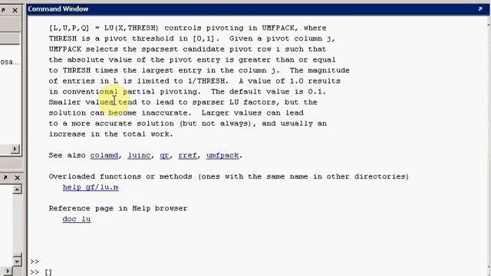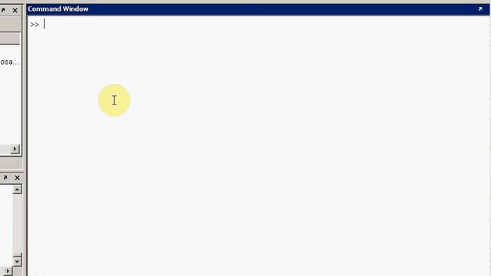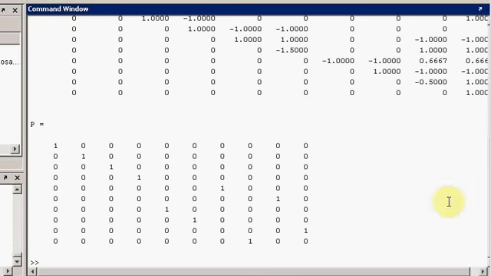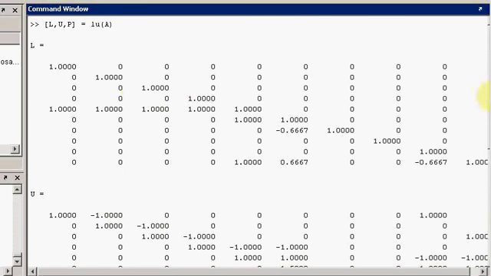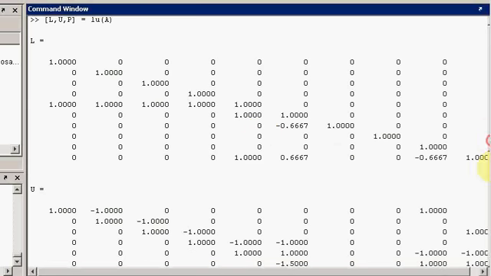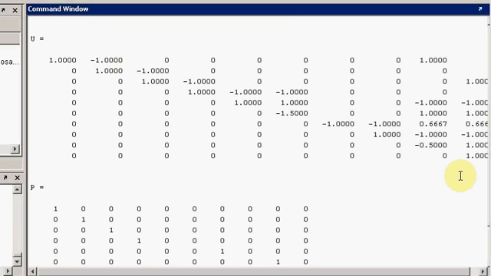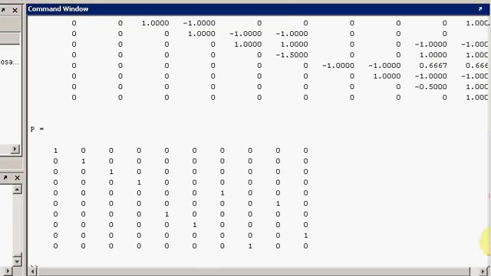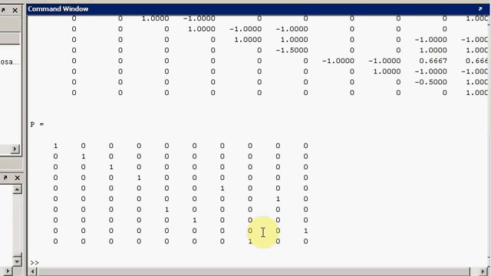So let's write it here. L, comma U, comma P equals LU of A. Remember, that's where we stored our matrix A, and we can see here that L looks like this. The lower triangle is like this, the upper triangle is like that, and the permutation matrix is like this.